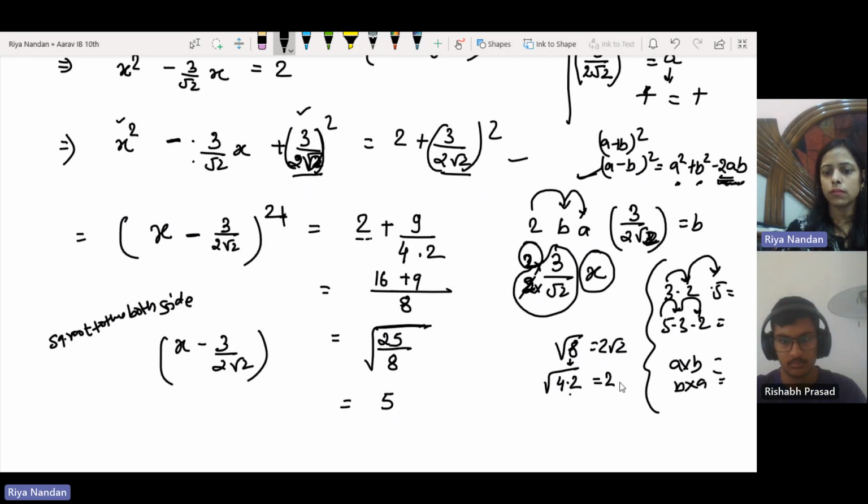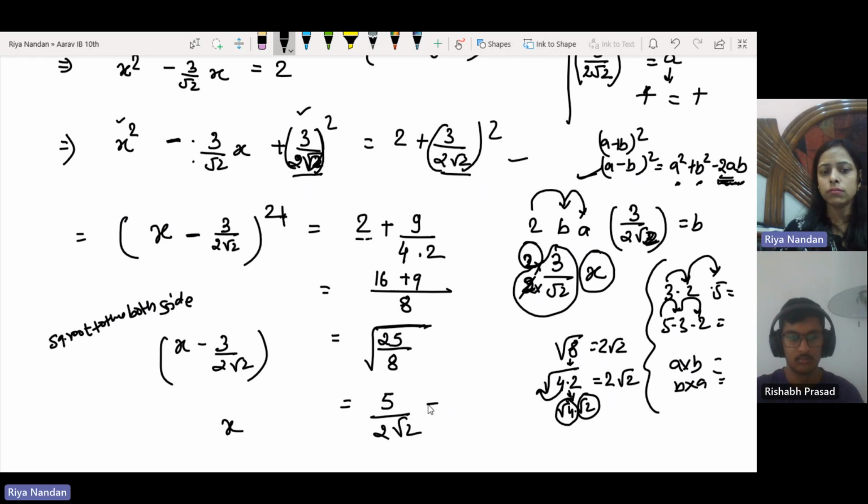Root 4 is 2, and we are left with root 2. 4 will carry out. We can move it out from the root. So we can write root 4 into root 2. So root 4 is 2 and root 2 stays root 2. Clear? So this is 2 root 2.